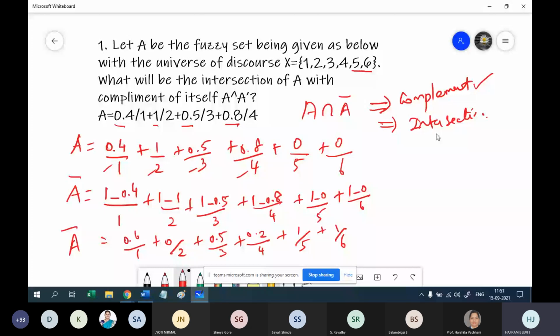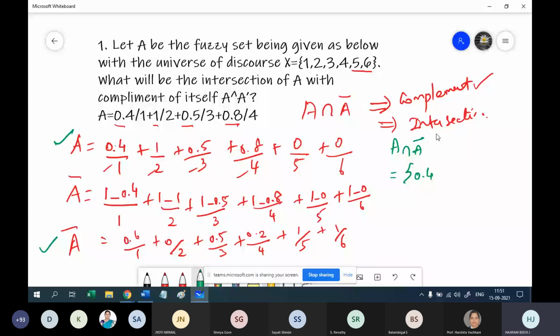The next one is about the intersection. For intersection, we should consider the minimum value in both. So A intersection A bar. Okay, so this is A bar. Here we are having 0.4, here 0.6. Which one is minimum? It is 0.4. Then 1 by 2, here 0 by 2.